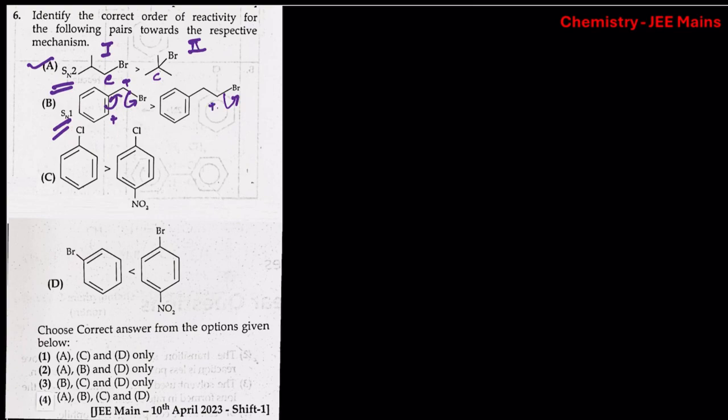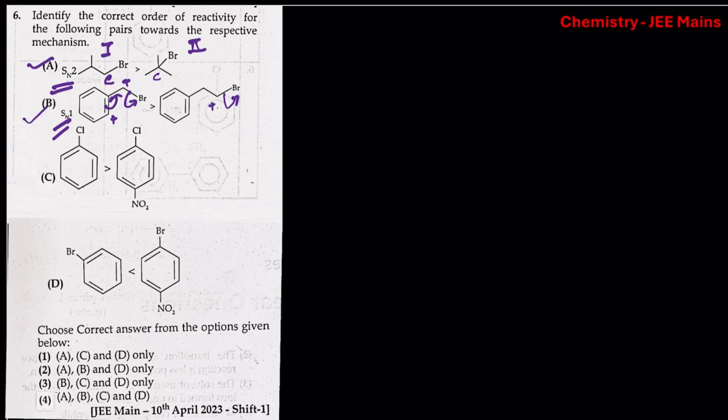The reason being, in alkyl halide number 1, the positively charged carbon atom is directly bonded to the benzene ring, so the positive charge gets delocalized in the benzene ring. But in alkyl halide 2, the positively charged carbon is not directly bonded to the benzene ring, so no delocalization of positive charge takes place. So compound 1 undergoes nucleophilic substitution by the SN1 mechanism more readily than compound 2. The order of reactivity shown in option B is also correct.